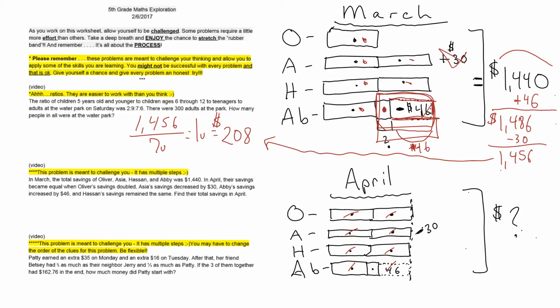So that means $208 times 8, which gives us a grand total of $1,664. Booyah.